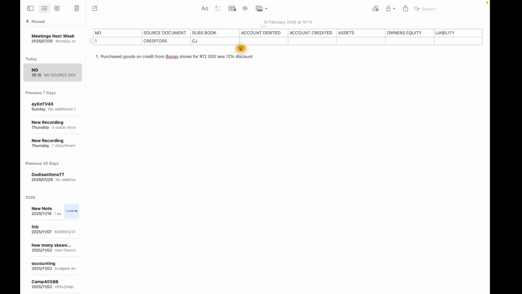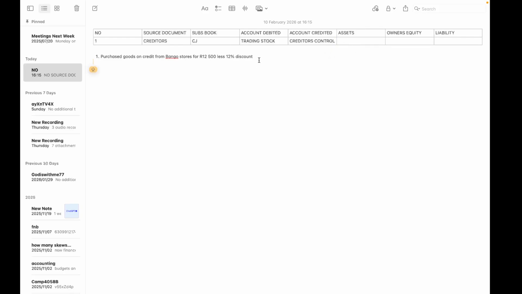And then what are we going to say? The account debited is trading stock, because we're buying inventory, we're buying trading stock. And what's going to be credited is creditors control.